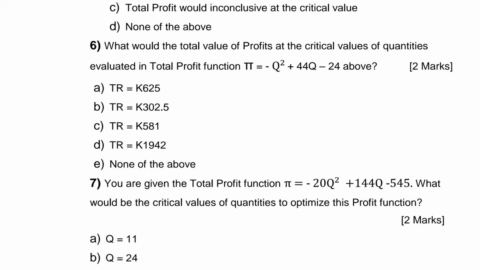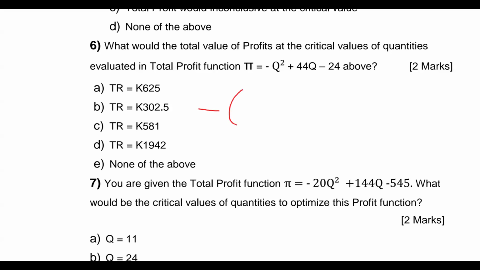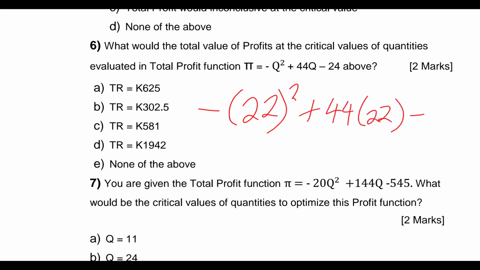So here we are replacing q with 22, substituting. It is equal to negative 22 squared plus 44 times 22 minus 24. And what is the answer?